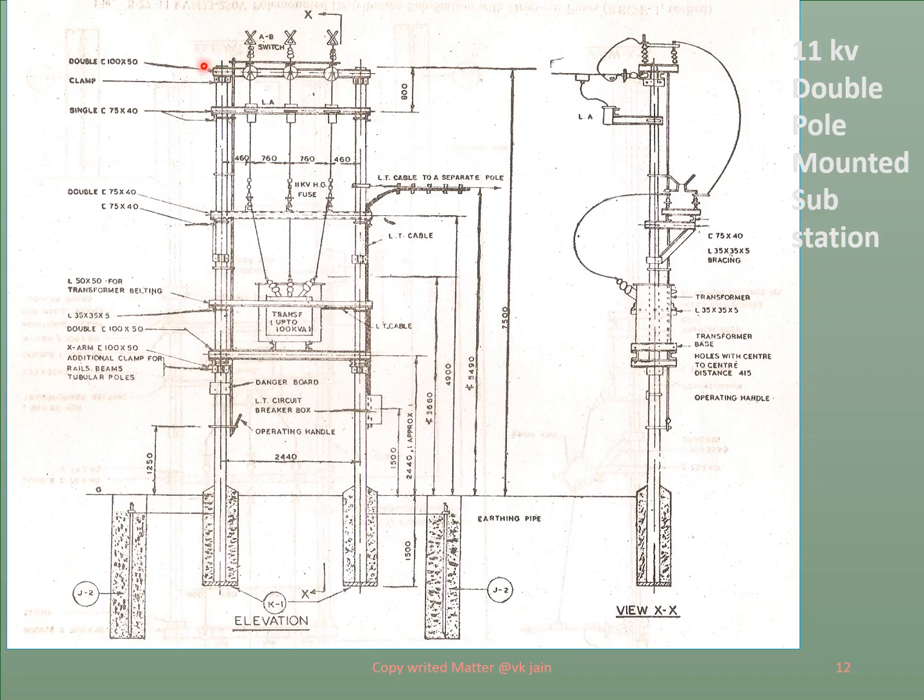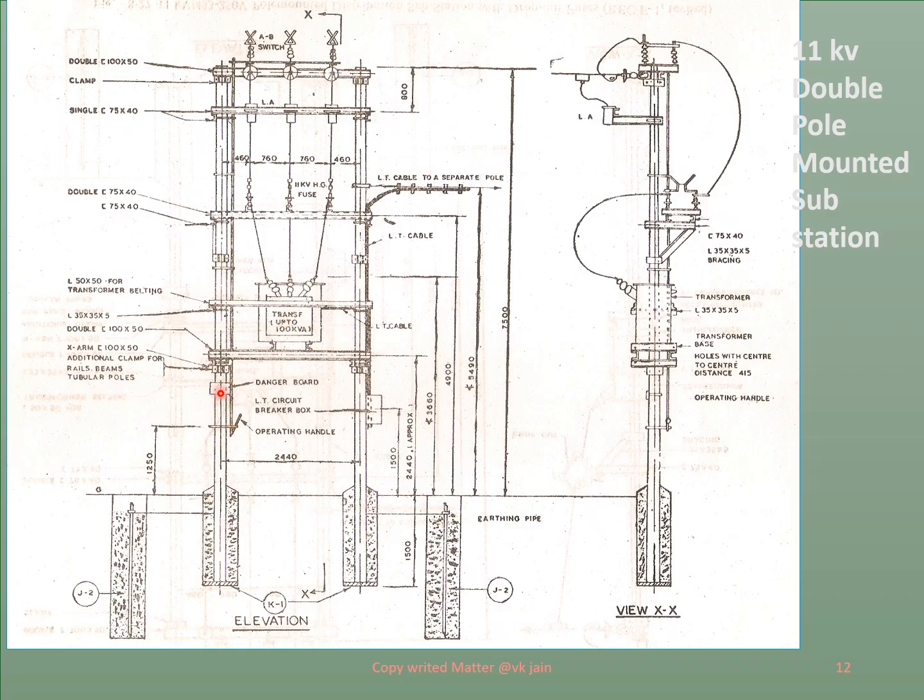It shows you different components: the air brake switch here, then lightning arrestor mounted here. Then this carries the fuse system, 11 kV fuse. Then we have the main transformer. Now this pole mounted transformer can be at the most 1000 kVA, but normally they utilize 630 and below.